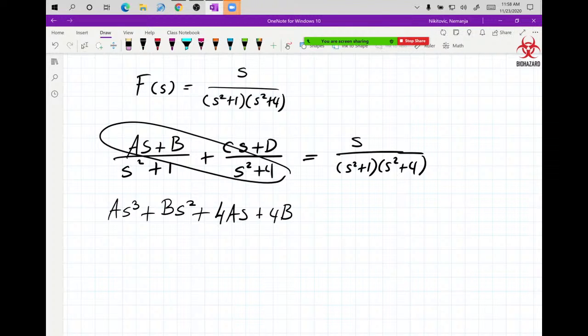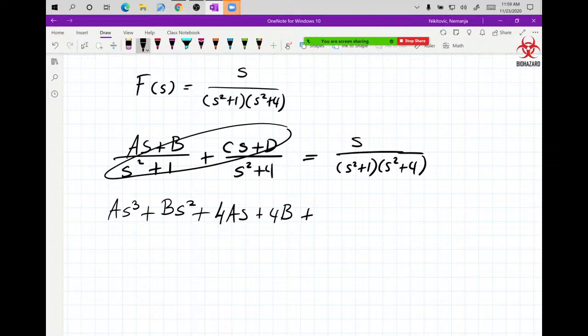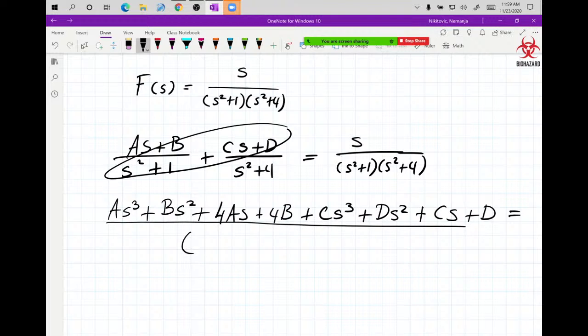And then we multiply the other, so plus cs cubed plus ds squared plus cs plus d equal to, right, all of this. We have s squared plus 1 times s squared plus 4 equal to s over, and then same parentheses.